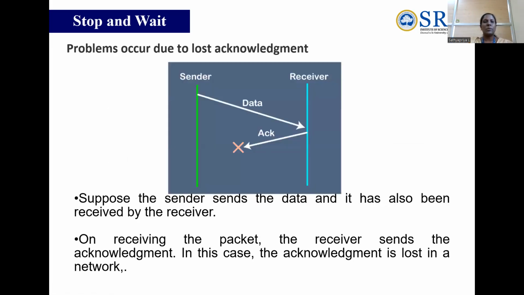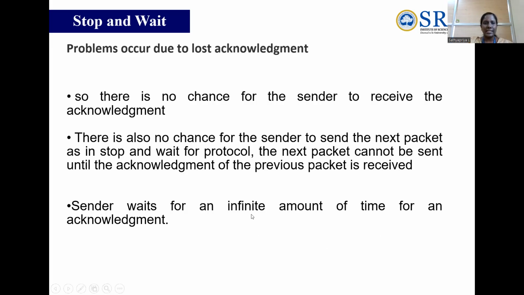The next disadvantage is problems due to the loss of acknowledgement. Suppose the sender sends the data and it is received by the receiver. The receiver sends the acknowledgement to the sender, but during the transmission the acknowledgement is lost in the network.